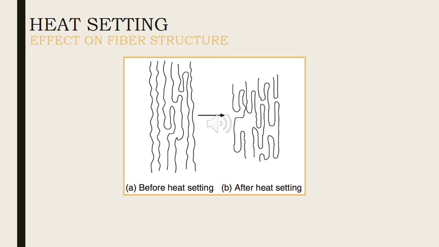Moreover, such an unstable structure would cause fiber shrinkage that makes any further finishing process difficult. Thus, in order to achieve a stable fiber structure, heat setting should be controlled before the fibers are used.